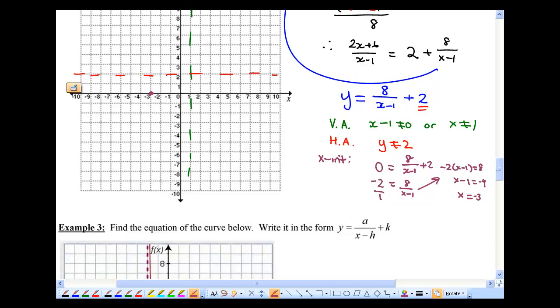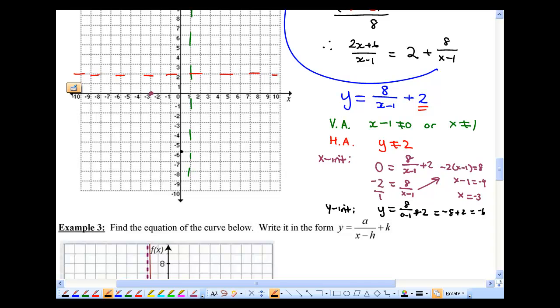Okay. If you're looking for the y-intercept, I guess I can do that too. Quickly now, find the y-intercept. That is where you let x equal 0, so y equals 8 over 0 minus 1, plus 2. That's just negative 8 plus 2, which is negative 6.